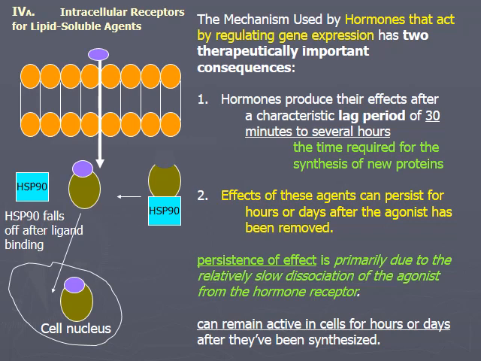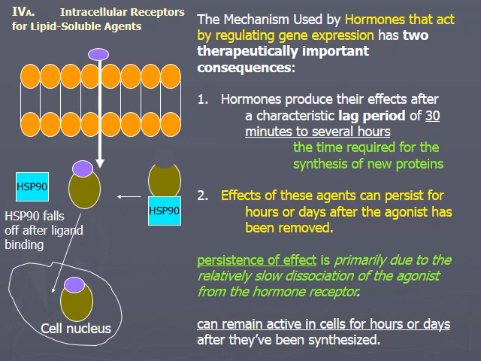And so before we take a break, I just want to talk a little bit about this mechanism, because if you kind of look at it from a distance, it's kind of complex, and a lot of things have to happen. Right? The drug that you administer has to get to the cell, it has to diffuse across the membrane, it has to bind to the receptor, the heat shock protein has to fall off, the drug-bound receptor has to leave the cytosol and go into the nucleus.